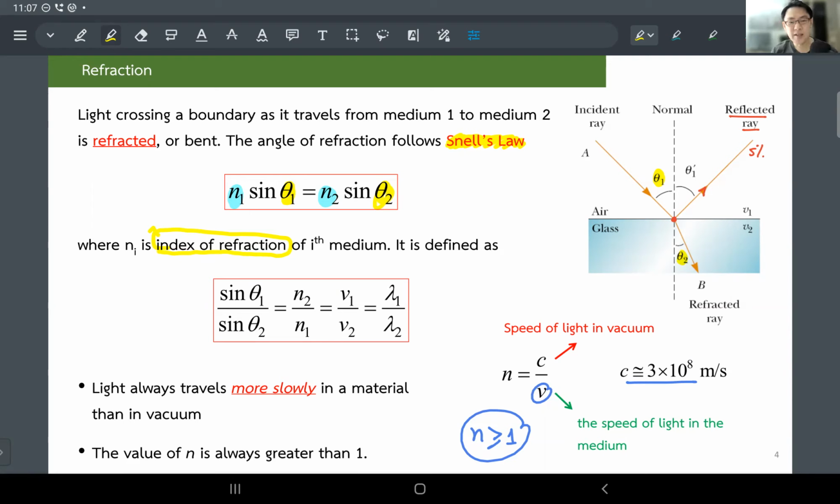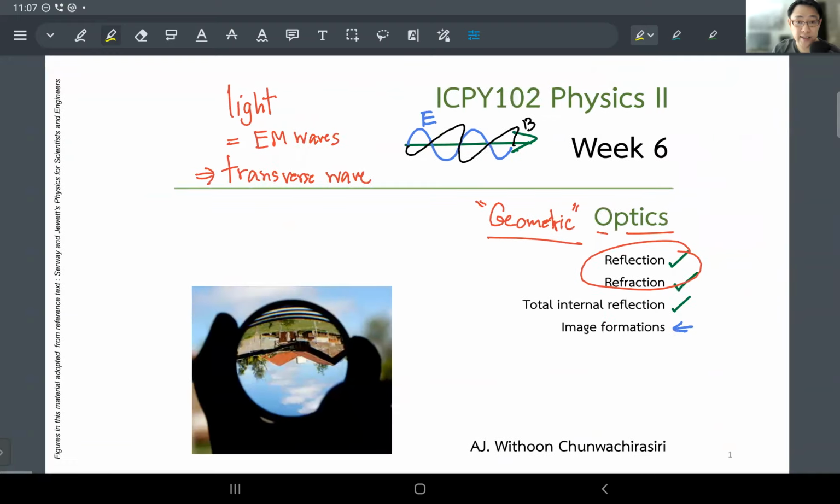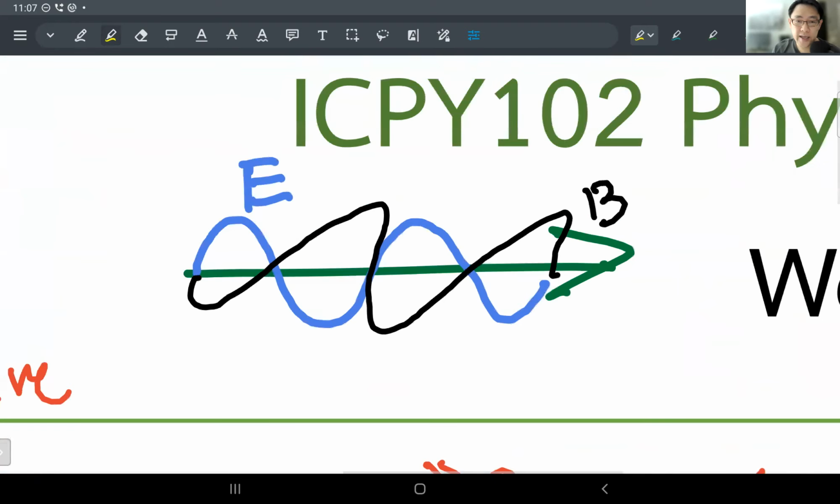Now, maybe just a quick detour. Why does light travel in other mediums more slowly than in vacuum? It turns out everything has to go back to the origin of the light itself. Light is an electromagnetic wave, and the electric field and magnetic field are interrelated.